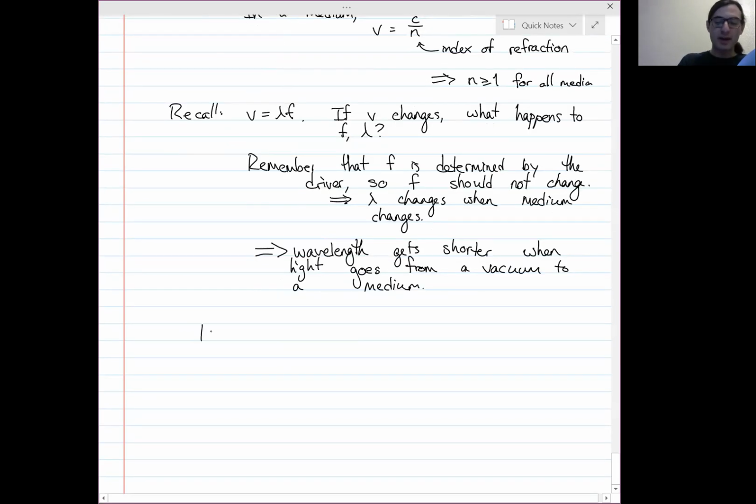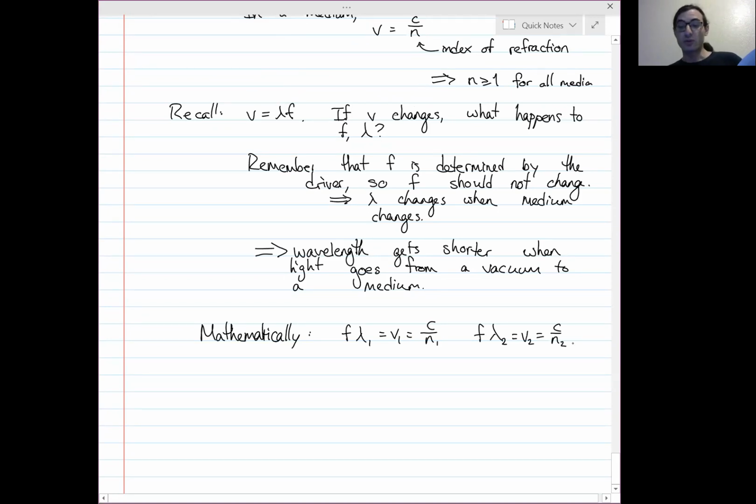So we can write this mathematically relatively easily. We know how the speed of light is related to the index of refraction. So for medium 1, we have f lambda 1 equals v1, which is c over n1. For medium 2, we would have f lambda 2 is equal to v2, which is equal to c over n2, right?